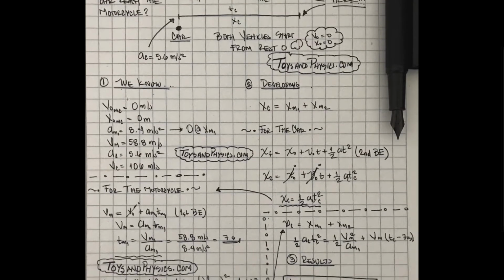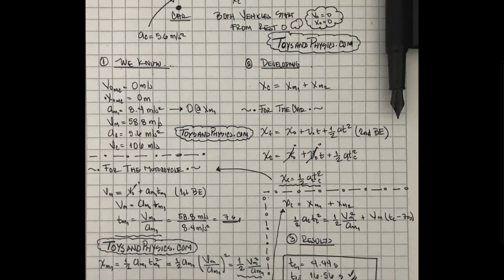So let's first go to what we know, and what we do know is the initial velocity of both the motorcycle and the car. That's zero. We already saw that here. Also, the same thing for the initial position. The acceleration of the motorcycle, and here's a difference that I included that is not on the previous animation.